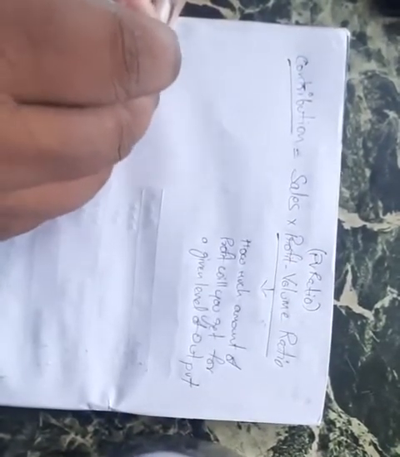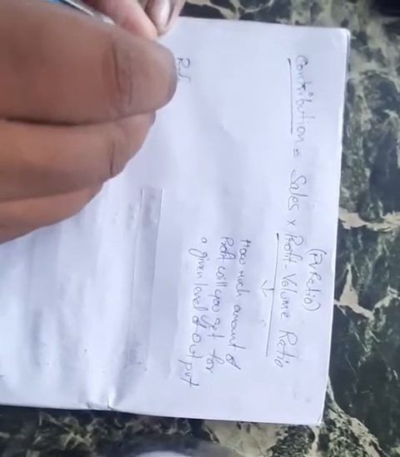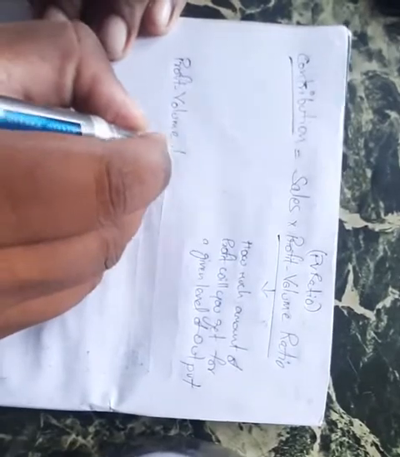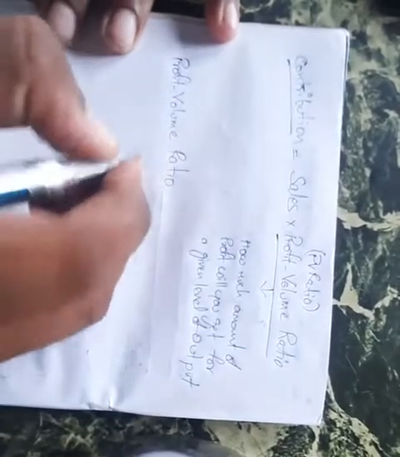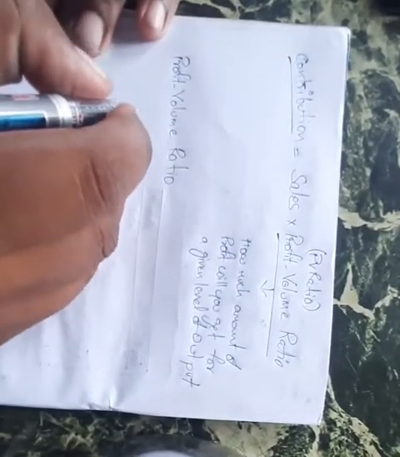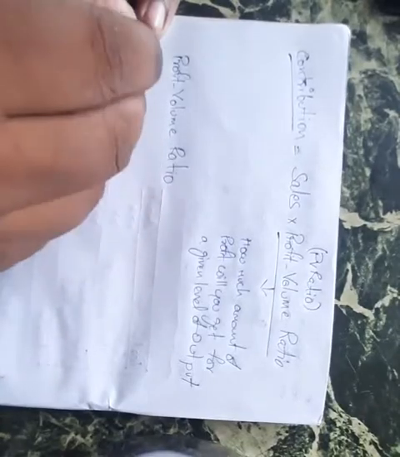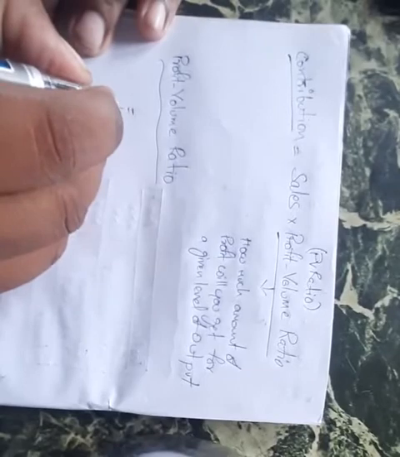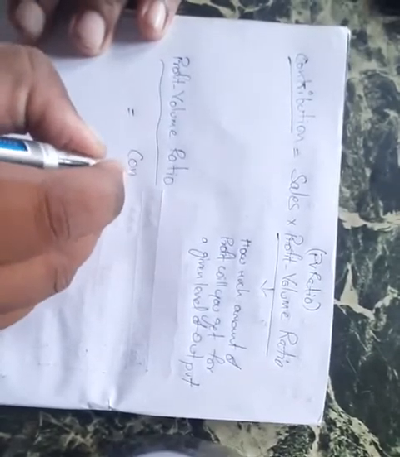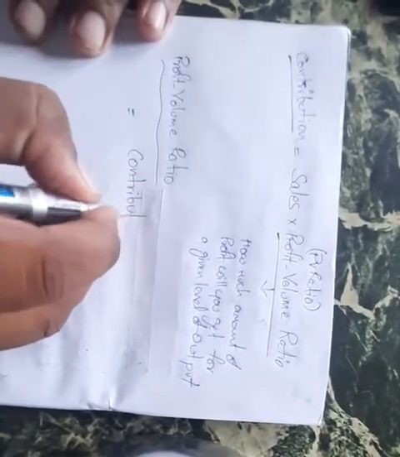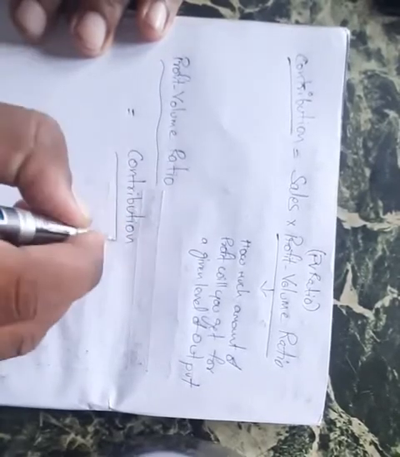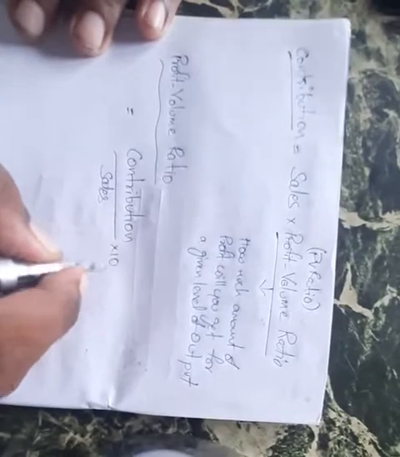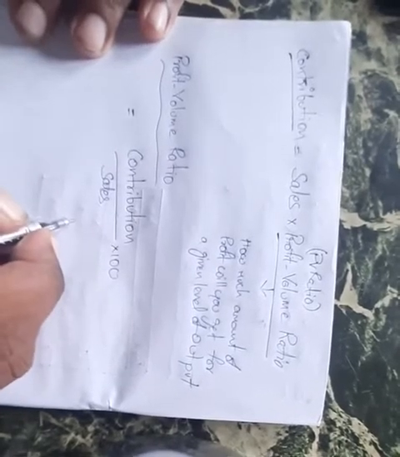Now, the formula for PV ratio is profit volume ratio is equal to contribution by sales into 100.